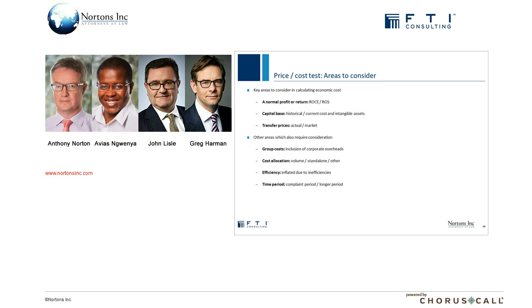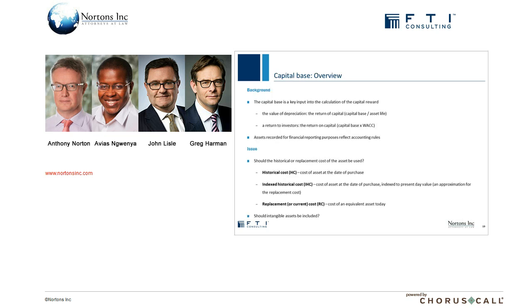So moving forward, hopefully I can now move through some of the other issues just at a little bit more pace. The first issue is around capital base. So what is the level of fixed assets that you are going to include? It has importance for two reasons, because it drives the level of depreciation and it also drives the return that investors should have. Most statutory accounts are going to be performed on the historical cost basis.